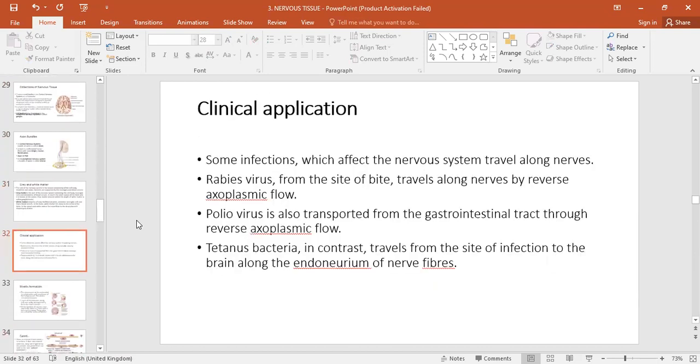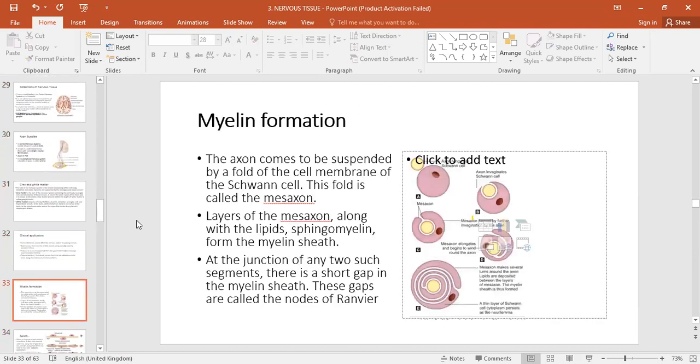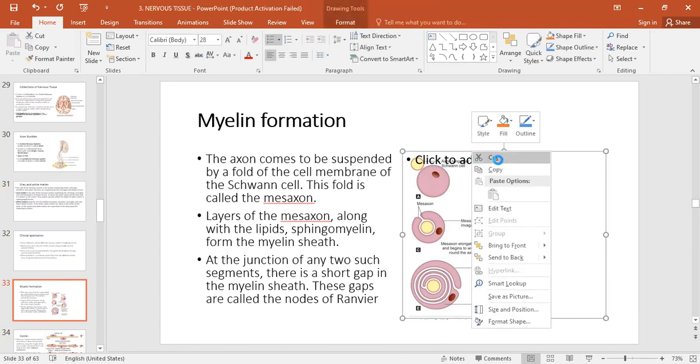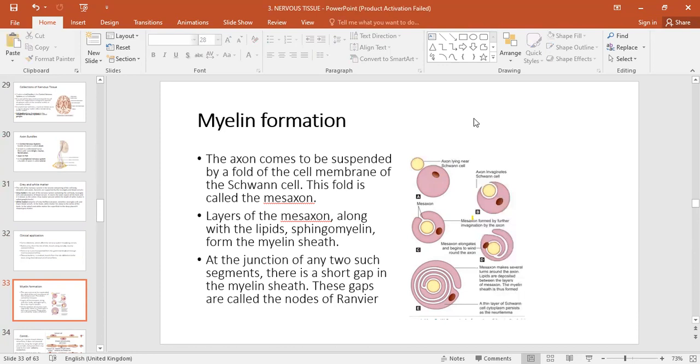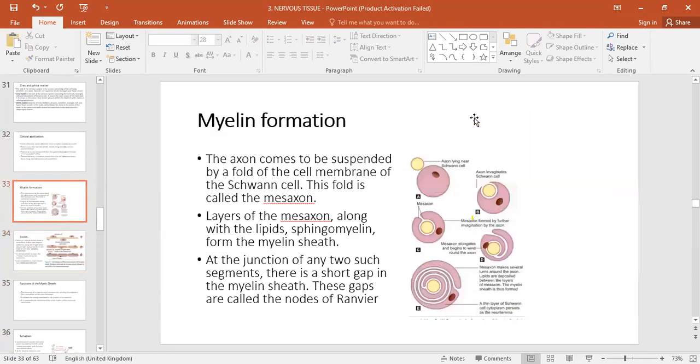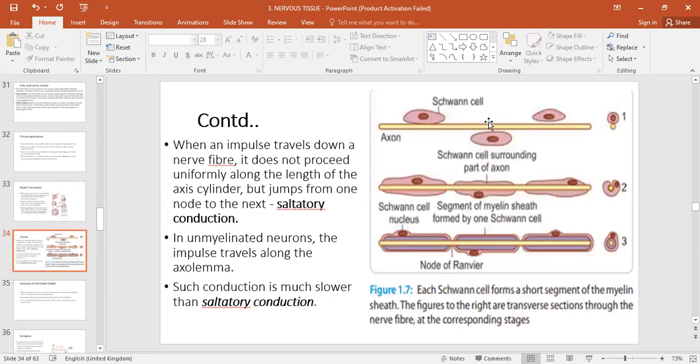So gray matter, I'll skip that. We look at myelin formation. As we were looking at the axons, we saw that some axons have myelin on their surface. We said the cell membrane of the axon is the axolemma. Some axons, not all axons in the body, are myelinated.